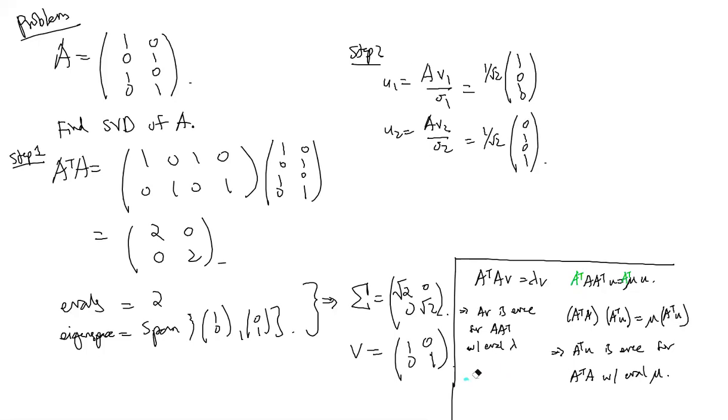Multiplication by A gives you a map between eigenvectors of A transpose A and eigenvectors of AA transpose.